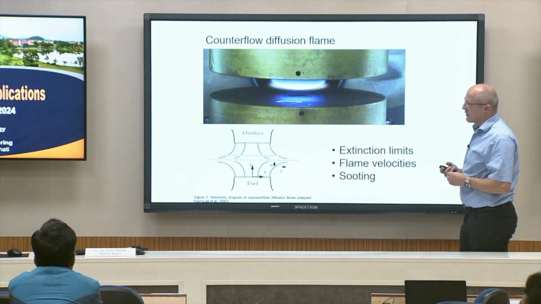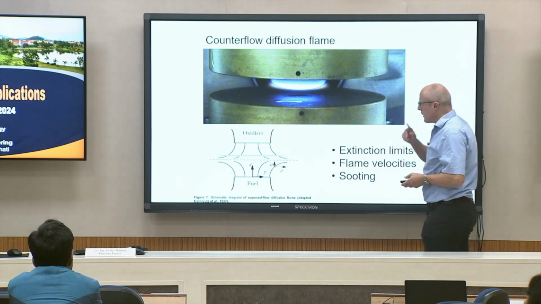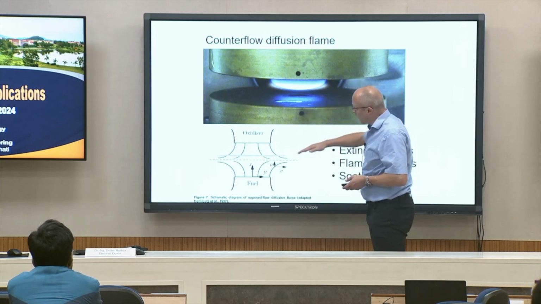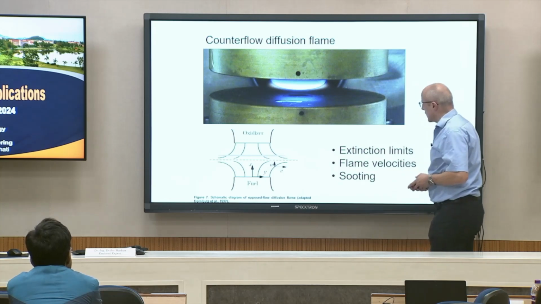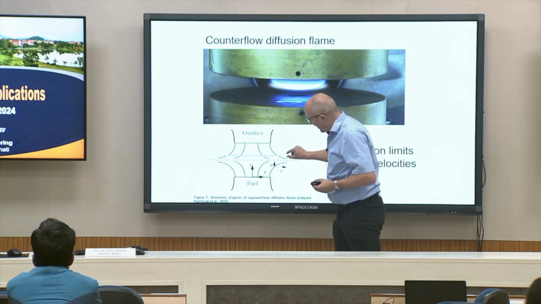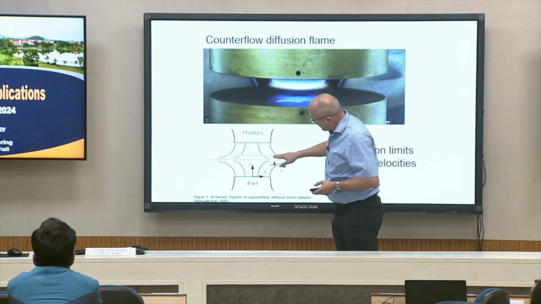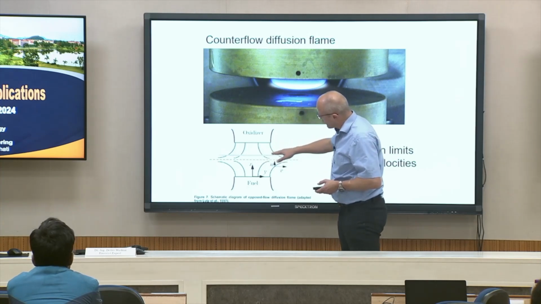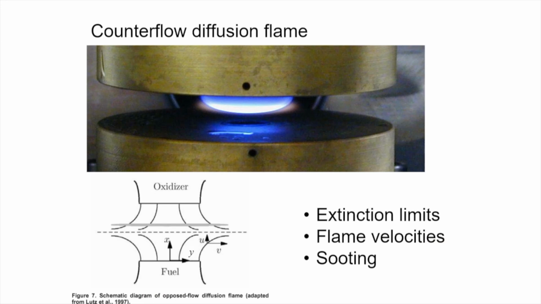So we can use such a counterflow diffusion flame. Here we have an oxidizer coming from one side, the fuel from the other side for this configuration. So we have a flame which, for this diffusion flame configuration, is located near the area where both flows meet each other.